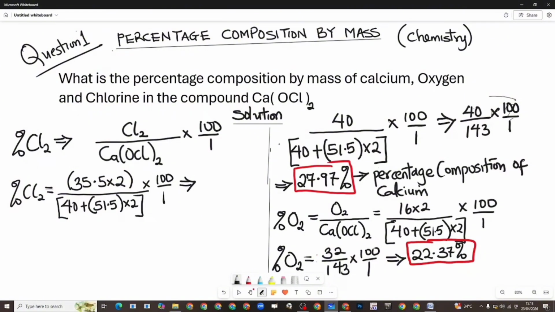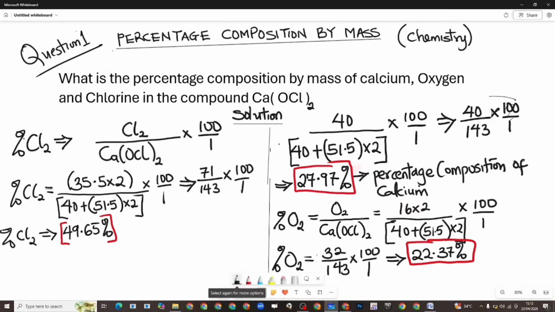Taking it a step further, we have 71 over 143 times 100 over 1. Therefore, our percentage composition of chlorine is 49.65%.